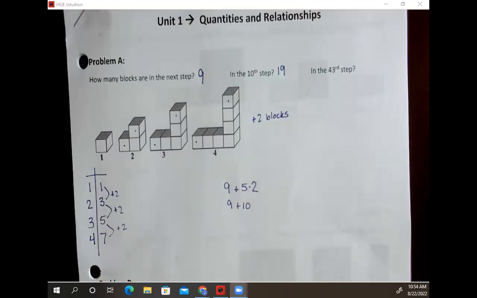Now try step 43. How many blocks would we have in step 43?